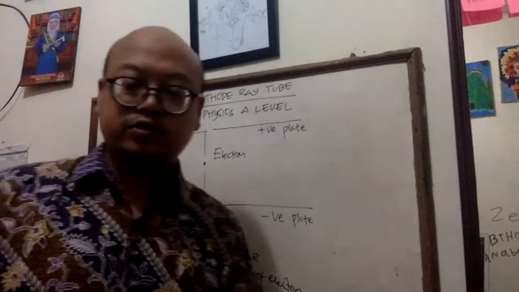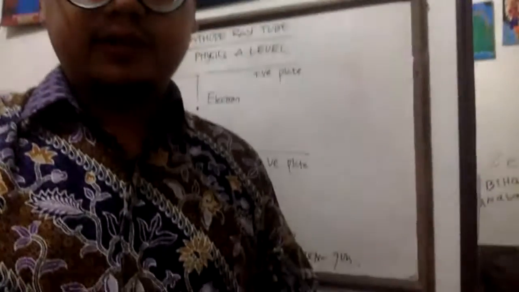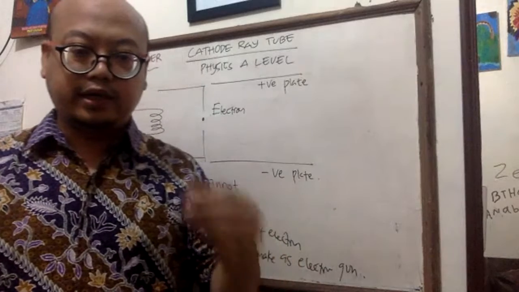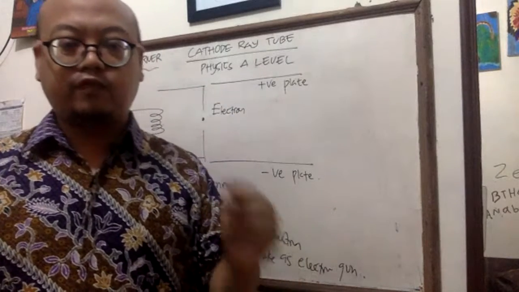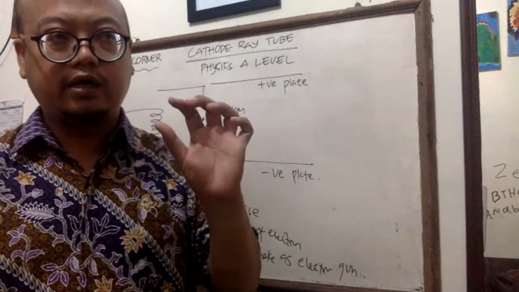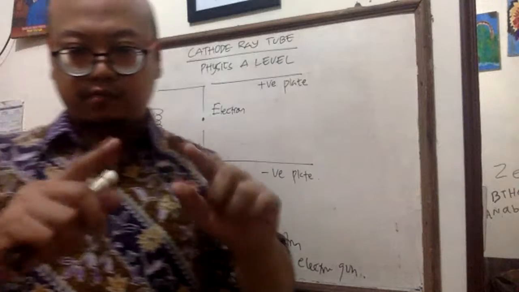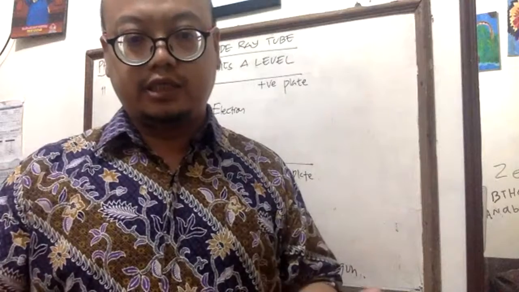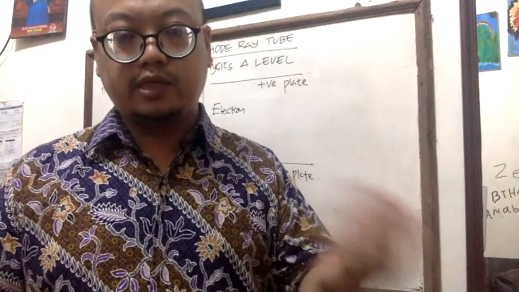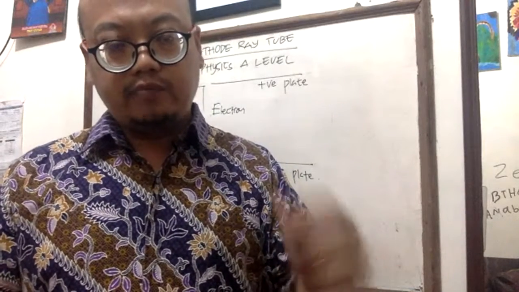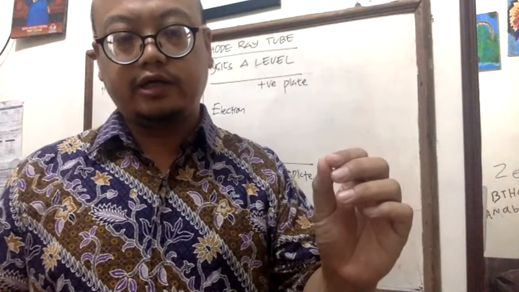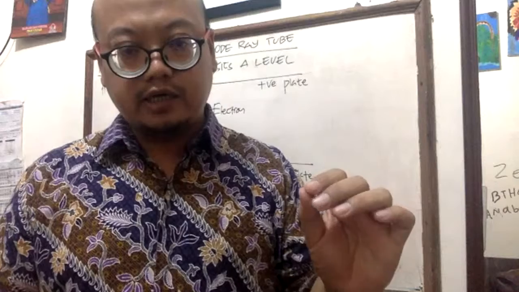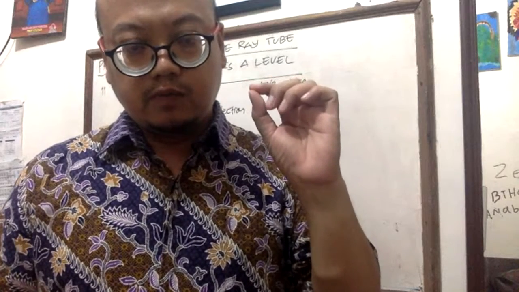Actually this is about the reason why electrons can be emitted from a metal. Because that metal cannot accommodate the energy produced by potential energy. Why? Because this is high energy, because the potential energy is big.